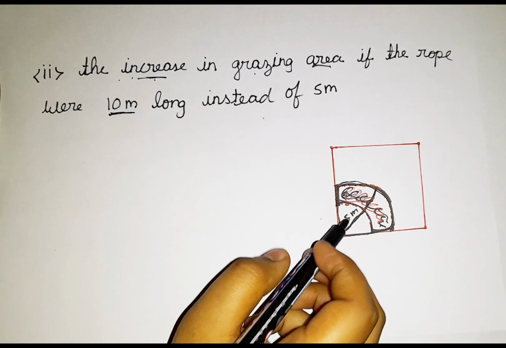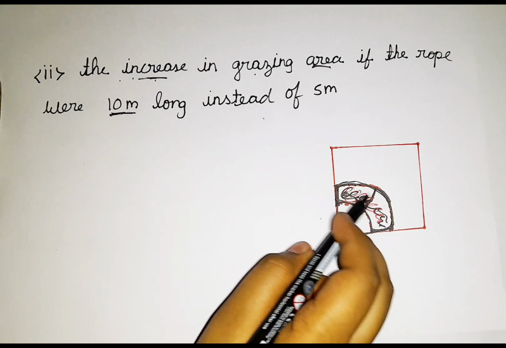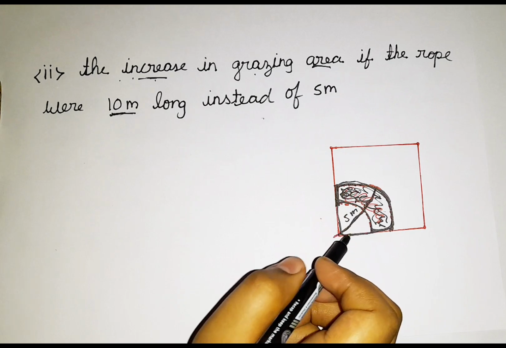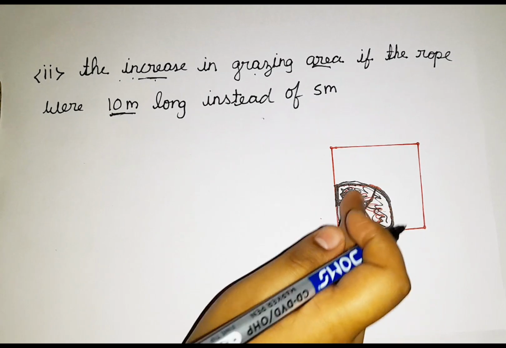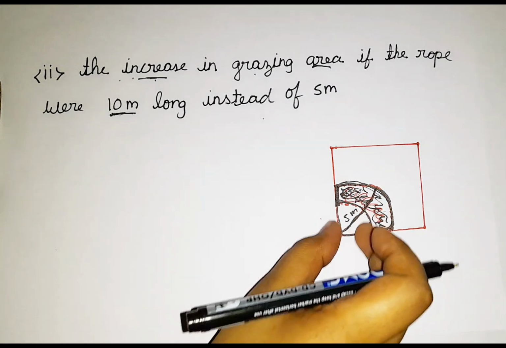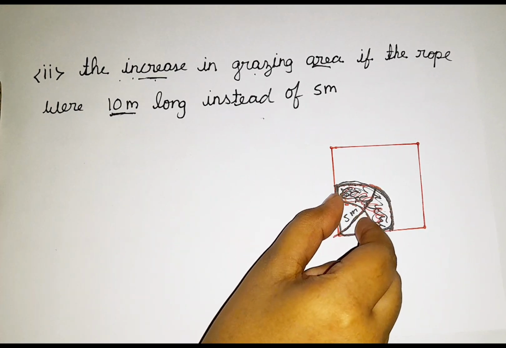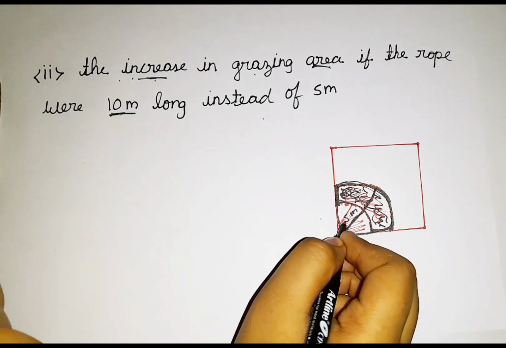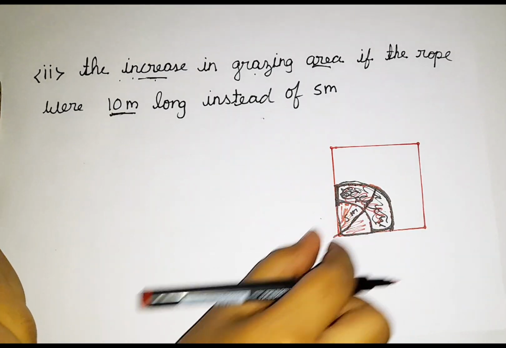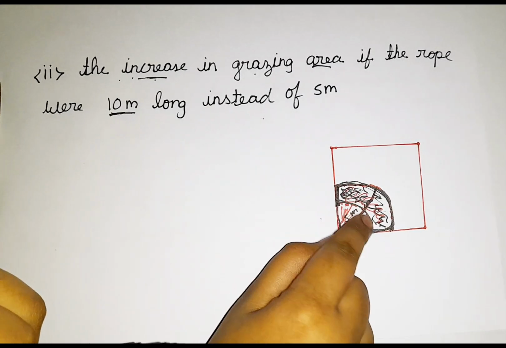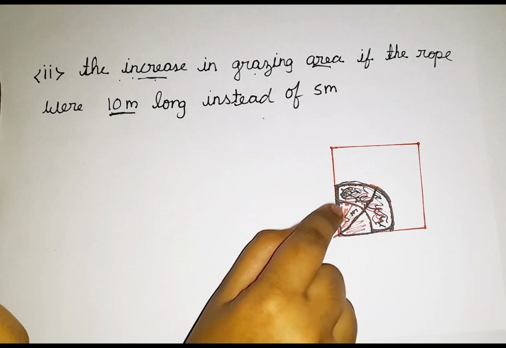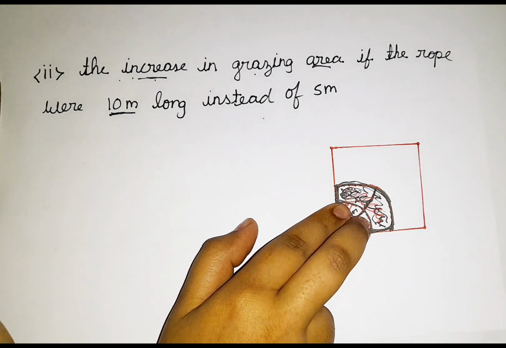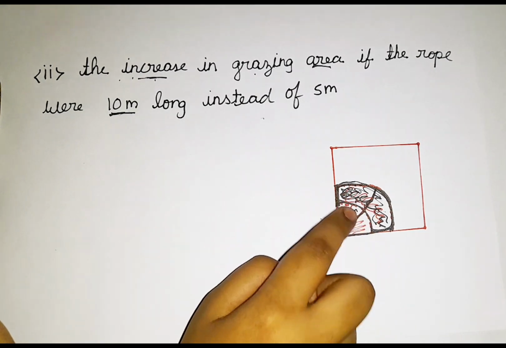Because when we subtract them, we'll get this part, the shaded part. If I remove this small piece of a cake, then only I'll be able to find this portion.